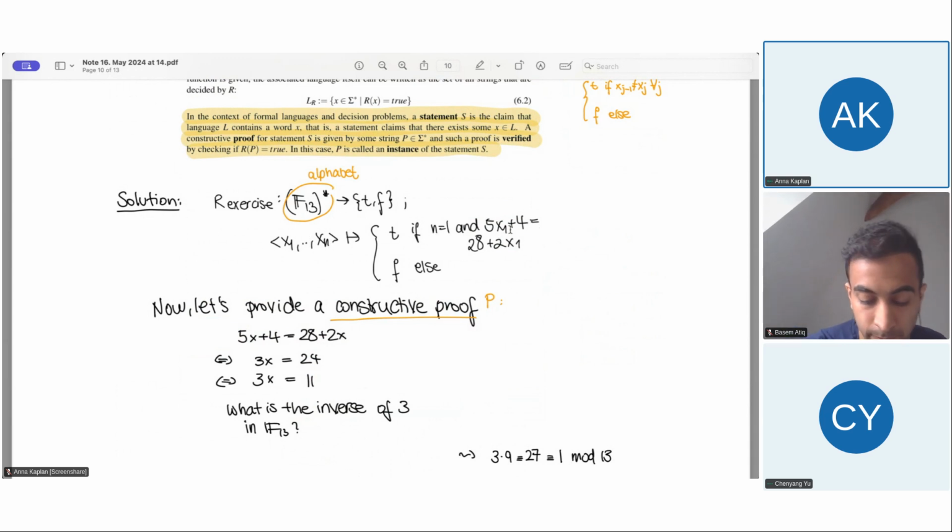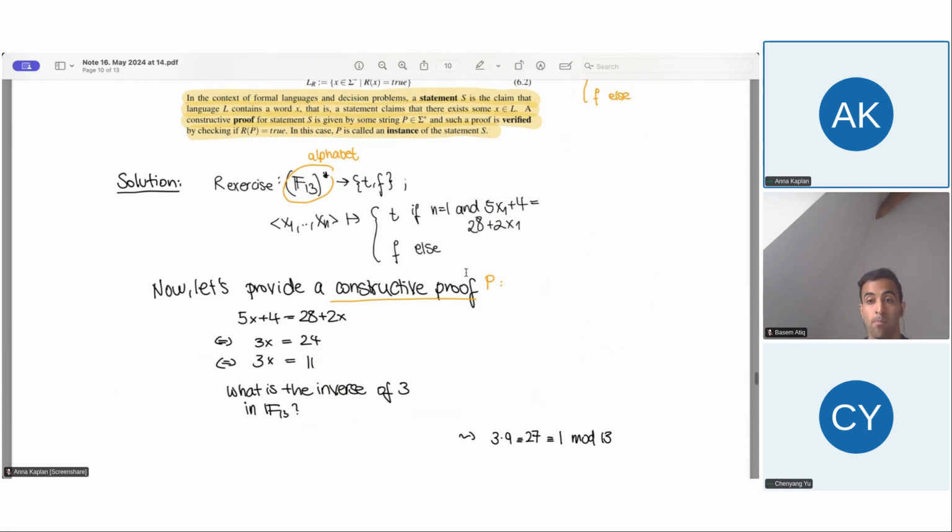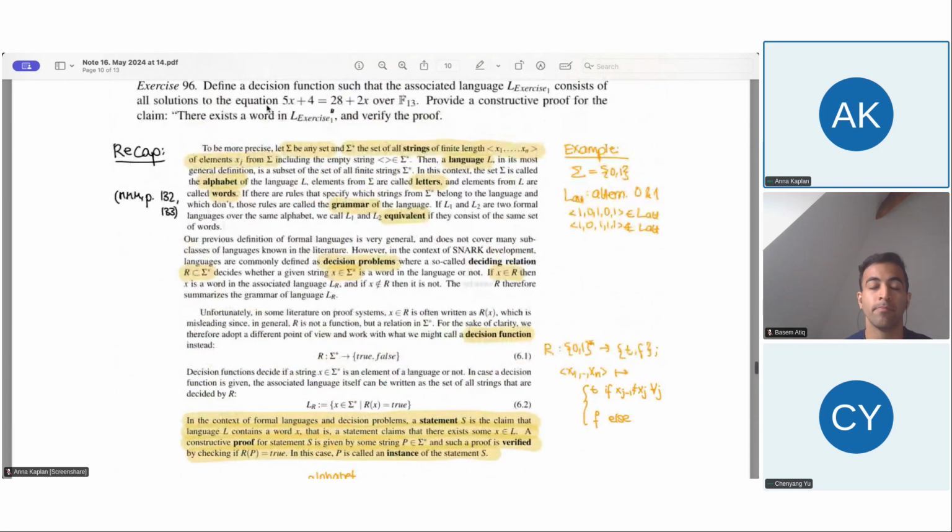And if this equation holds: x1 plus 4 equals 28 plus 2 times x1. All other strings are going to be false. Now, the other part of the exercise: we wrote a decision function for this language, and now there's a claim, there exists a word in this language, and we have to give a proof.